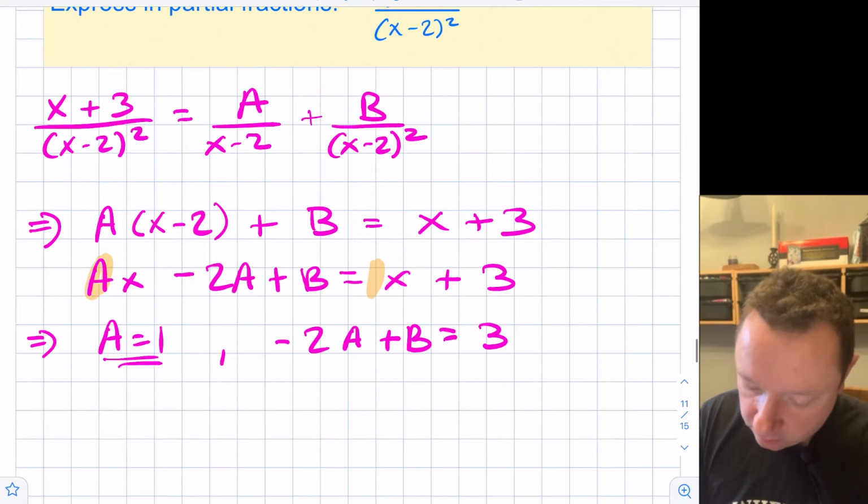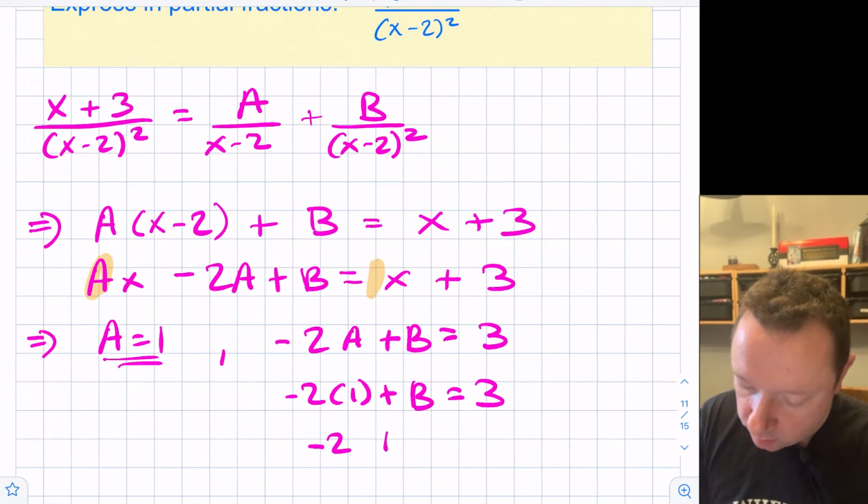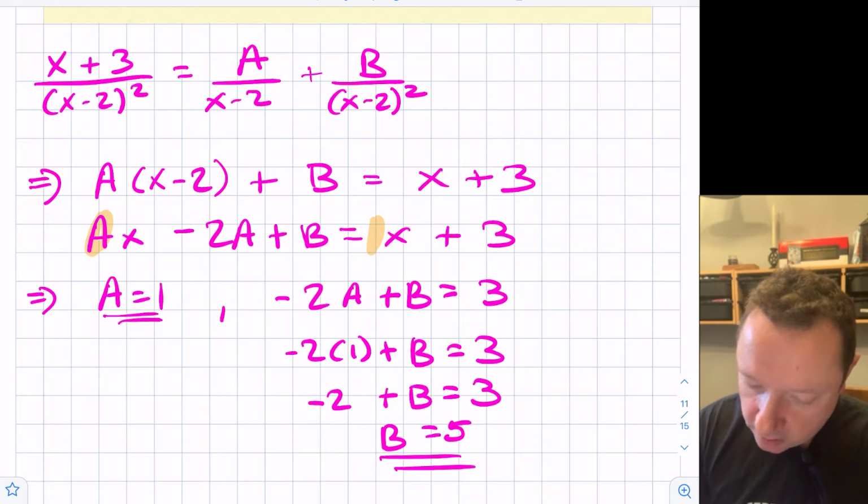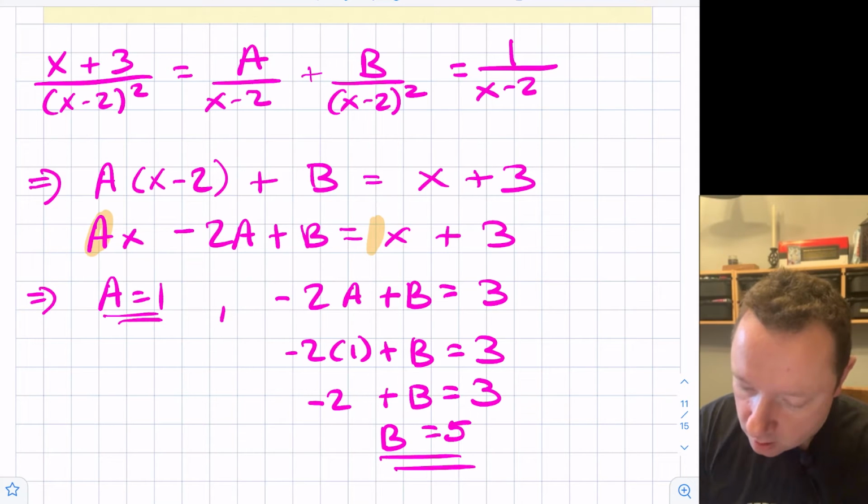So that means that we've got minus 2 times 1 plus b equals 3, minus 2 plus b equals 3, or b equals 5. And we're done. So that means that our final answer is 1 over x minus 2 plus 5 over x minus 2 all squared.